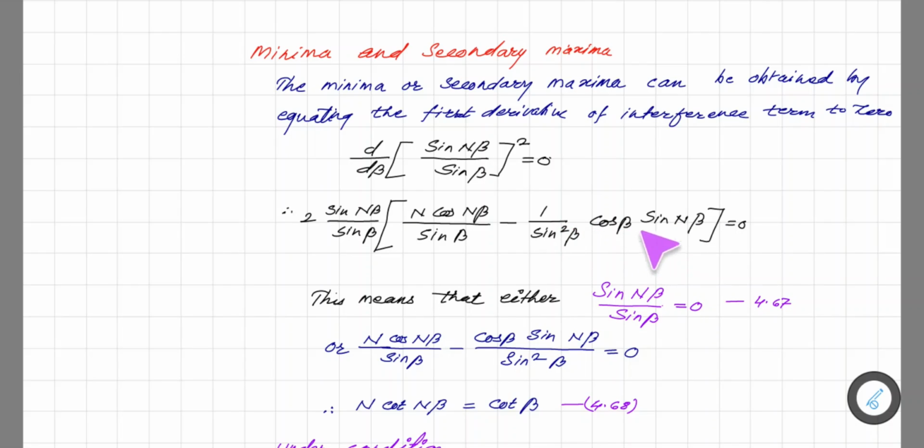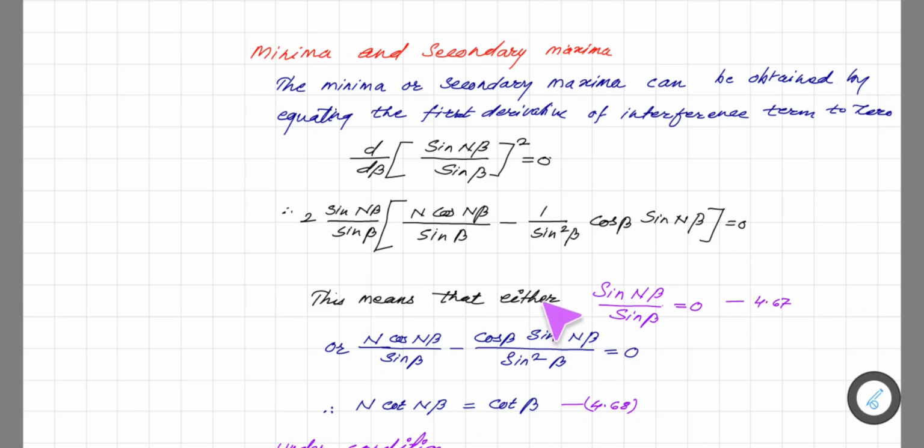So this means that sine of n beta upon sine beta must be equal to 0, or this second term, n cos of n beta upon sine beta minus 1 upon sine square beta into cos of beta sine of n beta, must be 0. Either this or this term must be 0.